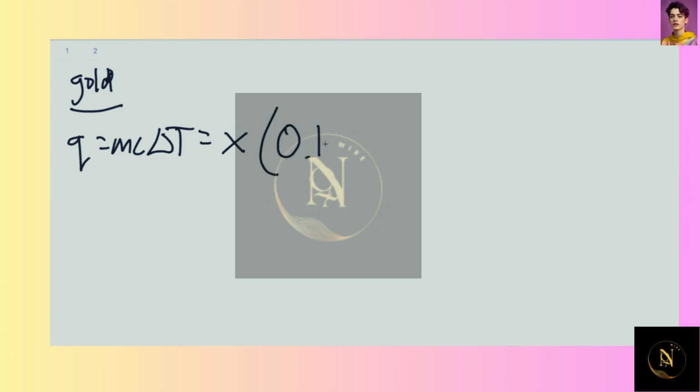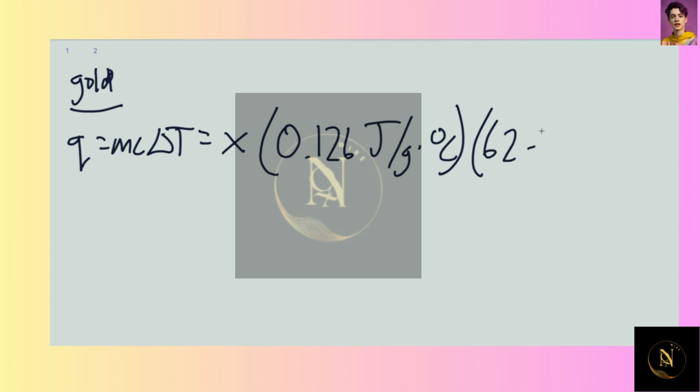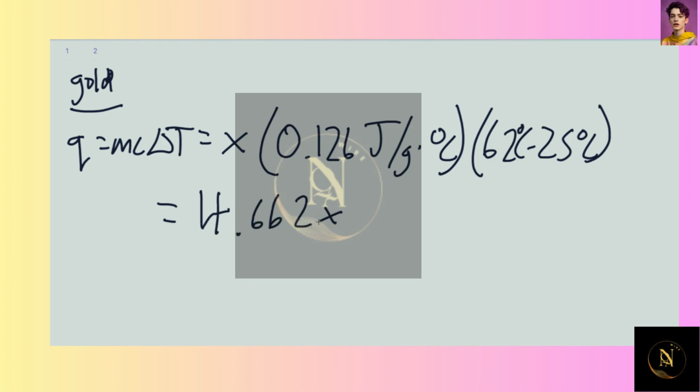The specific heat of gold is 0.126 joules per gram degrees Celsius. And then the delta T is 62 minus 25. Both are degrees Celsius. And that gives us 4.662 X.